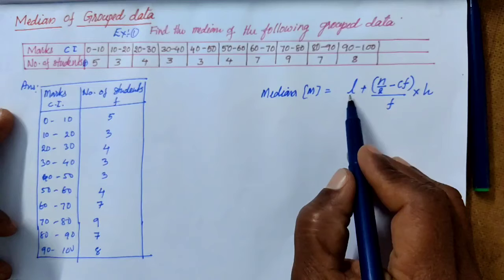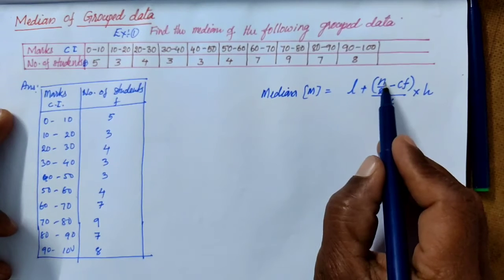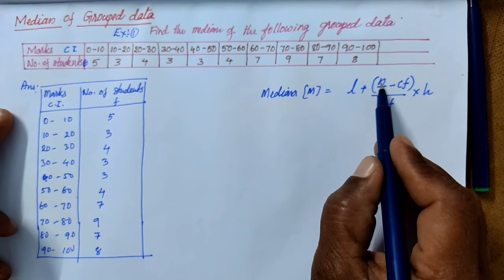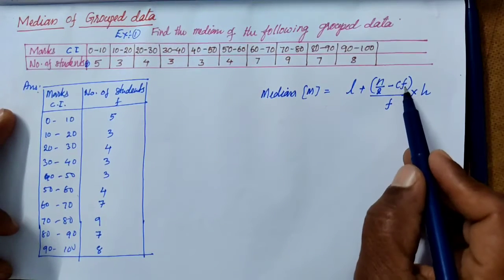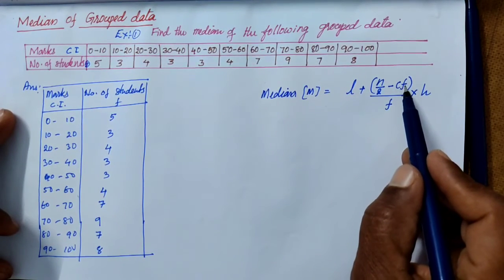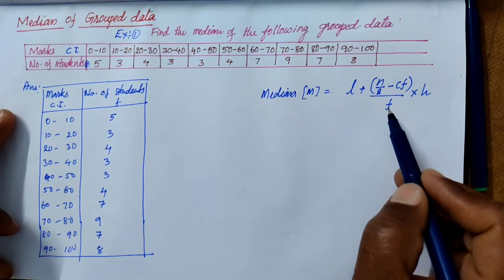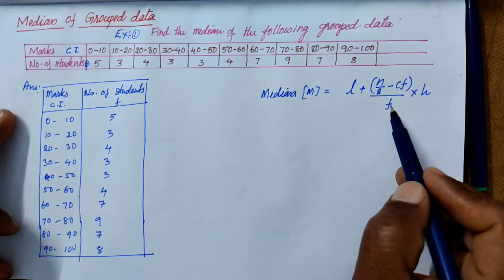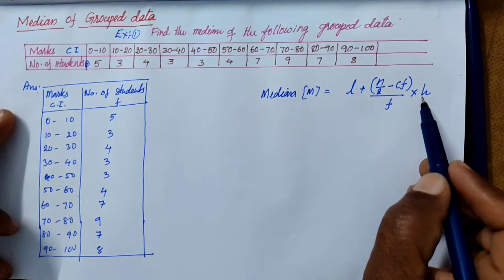What is L? L is the lower boundary of the median class, and n is the sum of all frequencies or sum of all observations. Cf means cumulative frequency, and F is the frequency of the median class, and h is the length of the median class.